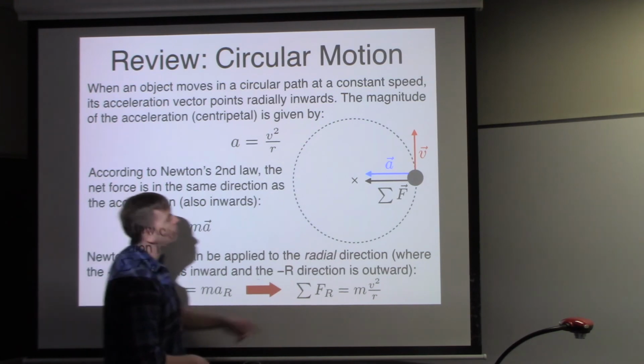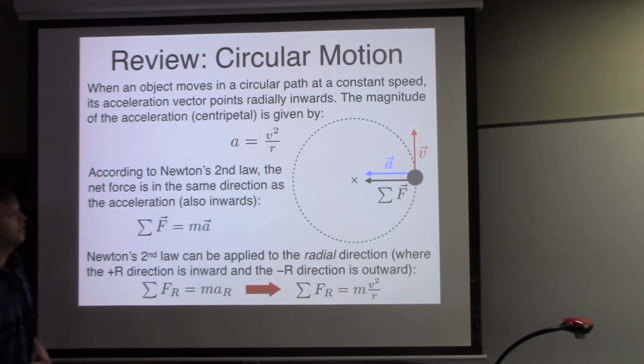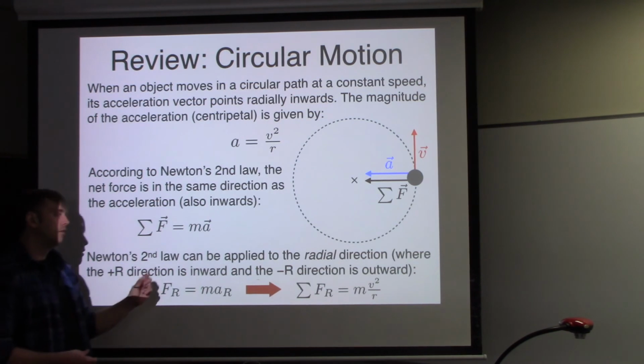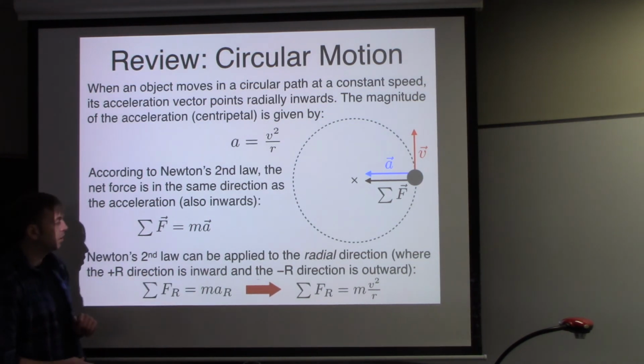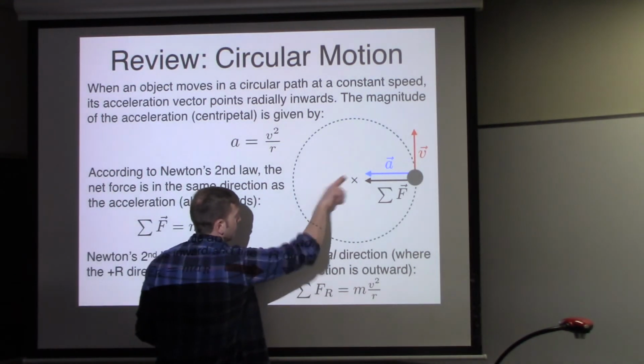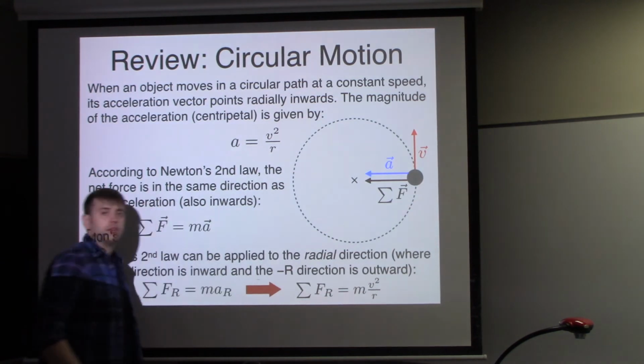So on our diagram, we'll show that the net force acting on this object points in towards the center of the circle. Typically, we apply Newton's second law to the radial direction, where the positive r direction is going in towards the center of the circle, and the negative r direction is going out, away from the center.